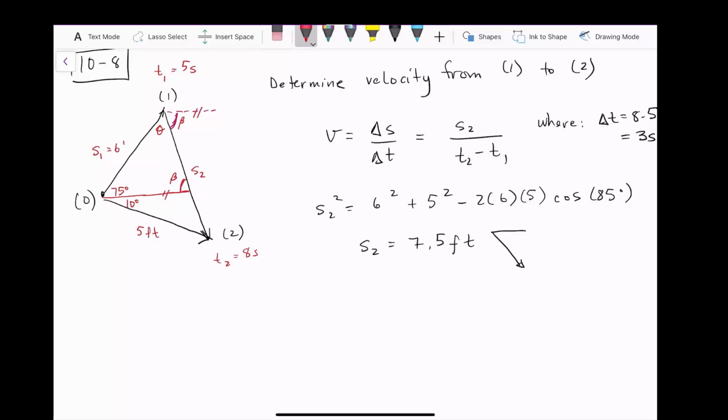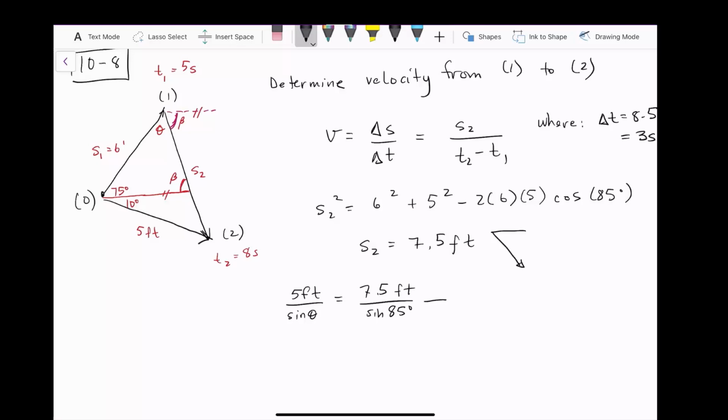Now that we have all the sides of the much larger triangle, we can then use the sine law to determine what that angle theta is. So let's do that. We can then say that 5 feet over sine theta, remember, as opposite lengths to the angle, is equal to S2 that we just found, which is 7.5 feet, over its opposite angle, which is sine 85 degrees.